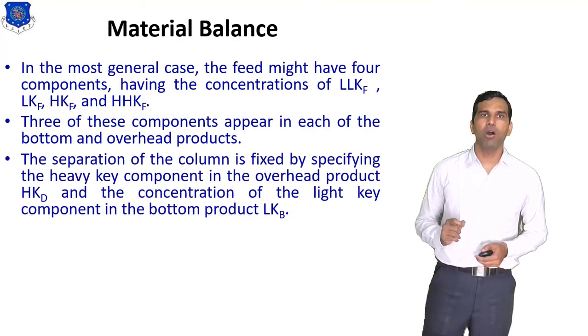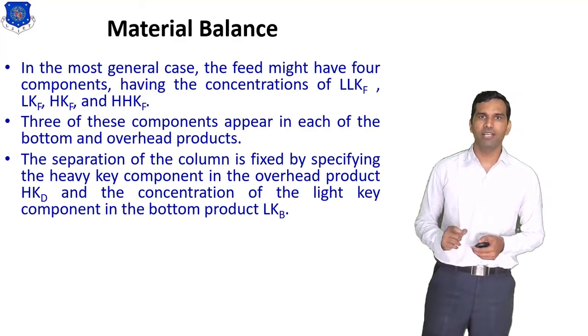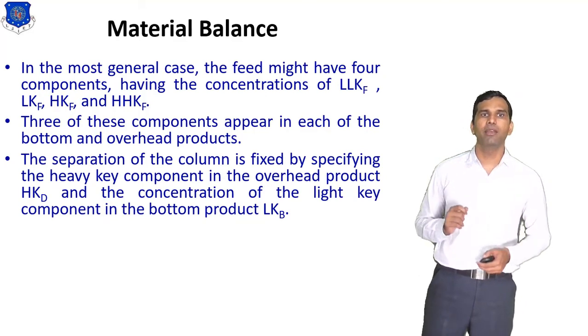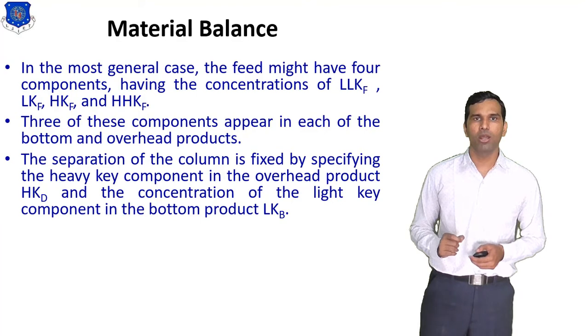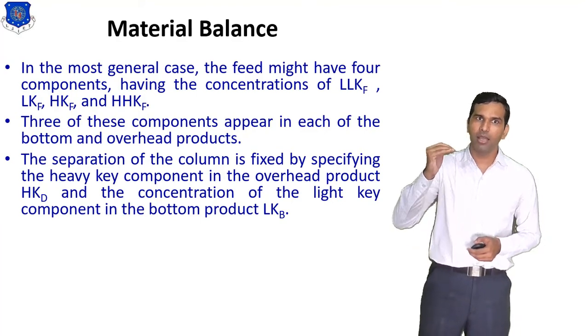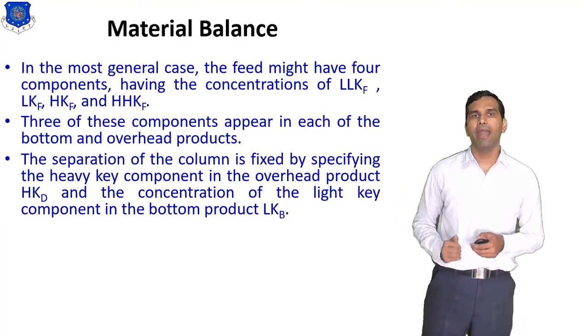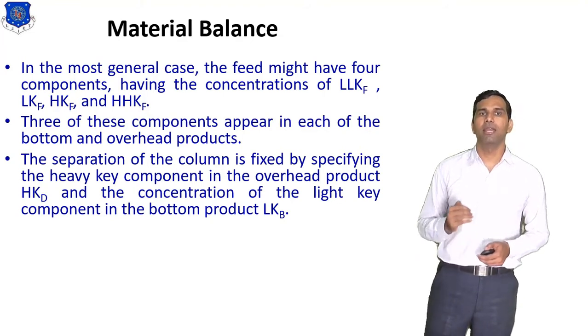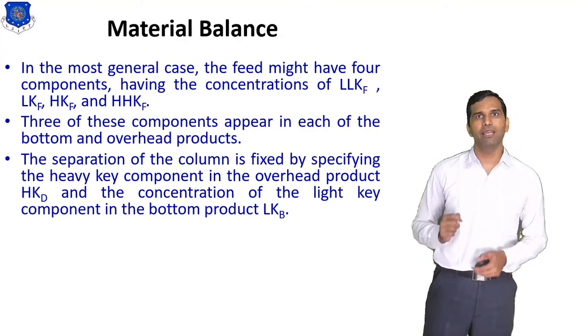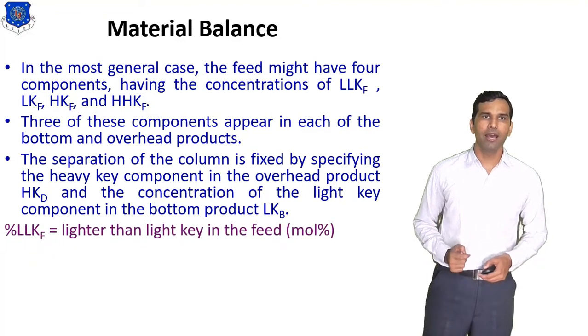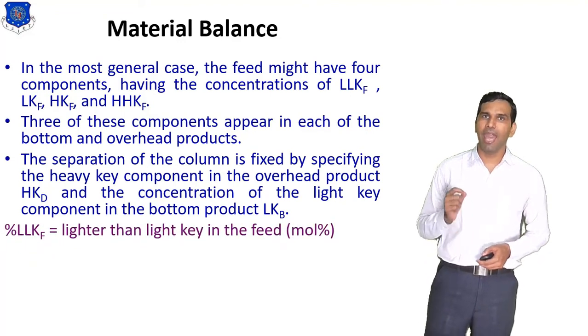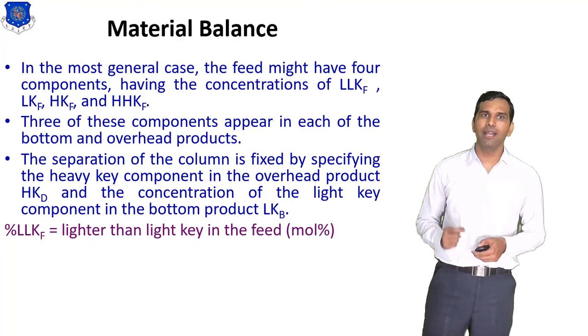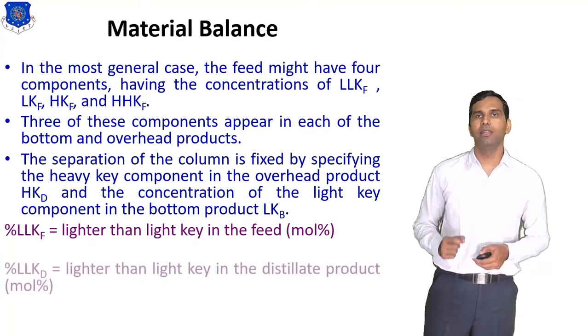This separation of the column is fixed by specifying the heavy key component in the overhead product HKD and the concentration of the light key component in the bottom product LKB. And here LLKF indicates the lighter than light key in the feed.